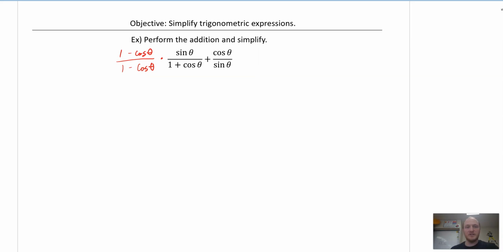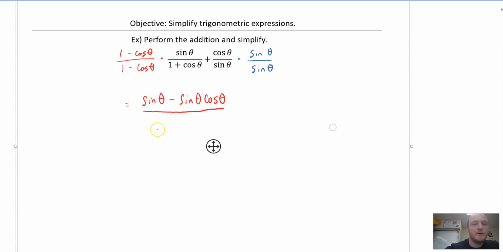And then over here on this side, I'm going to multiply by sine theta over sine theta. Okay, so why am I doing this? Well, I'm going to show you why in a second. So what we get on this side is sine theta minus sine theta cosine theta, all over, well, I'm going to just distribute first.